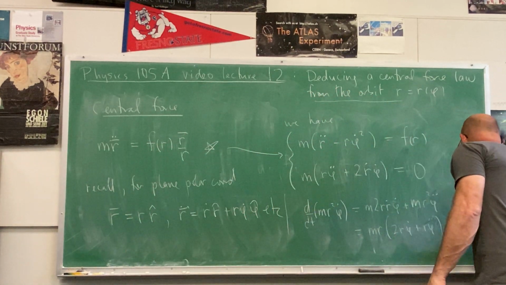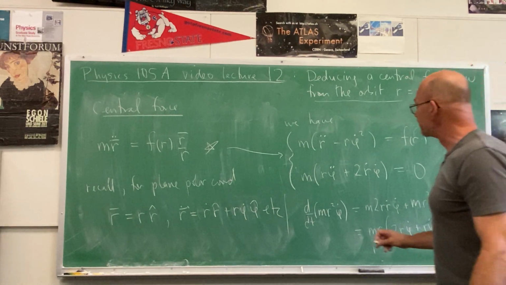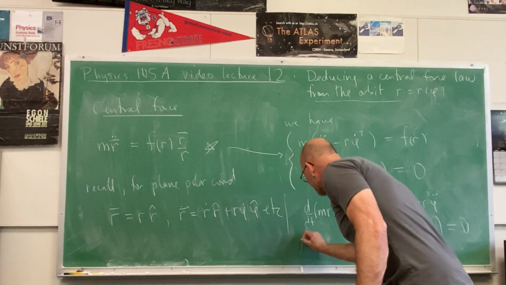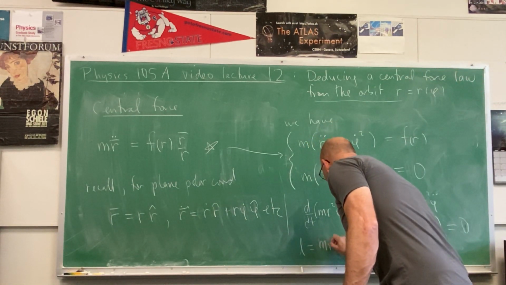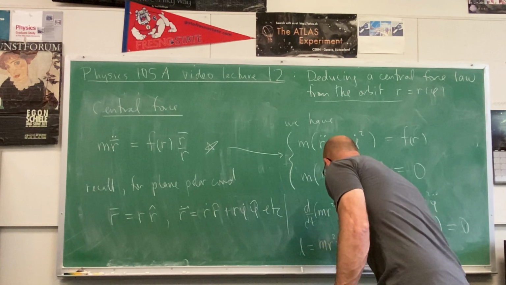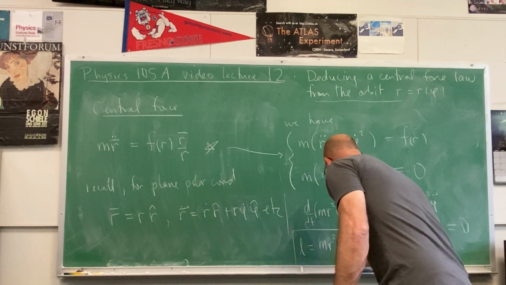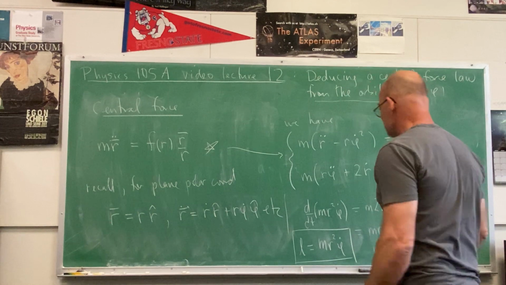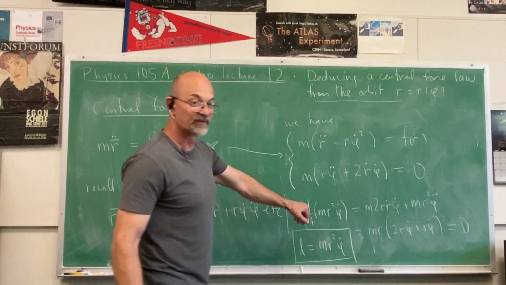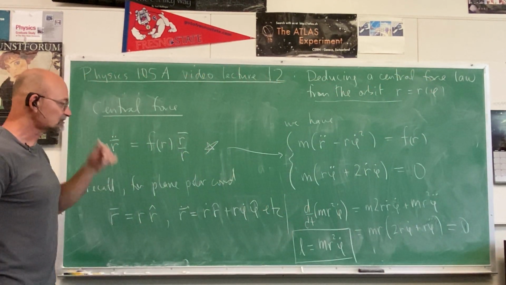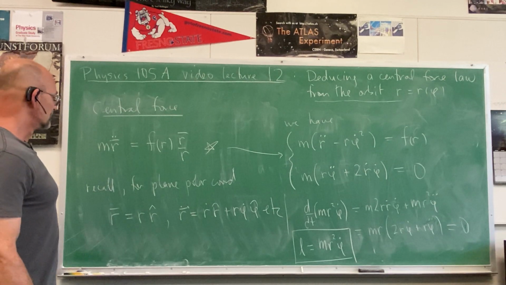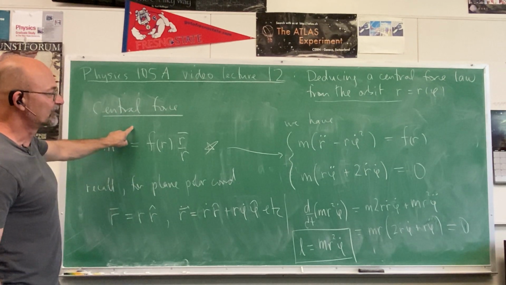And therefore we can define L as m r squared phi dot. Of course, we've had this definition already. But that's to make sure you see the relation that's in that transverse equation. Okay, so I can erase this now.